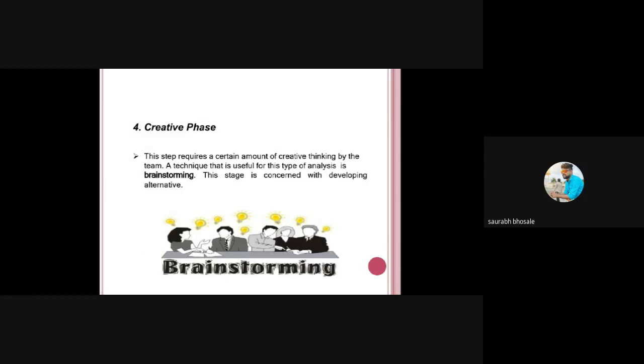So these steps require a certain amount of creative thinking by the team. A technique that is useful for this type of analysis is brainstorming. This stage is concerned with the development of alternatives. We have discussed that there are different perspectives to look at any problem.